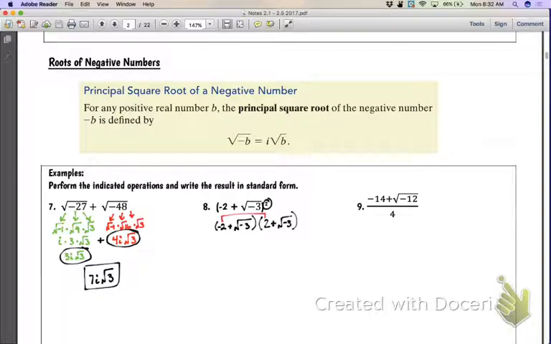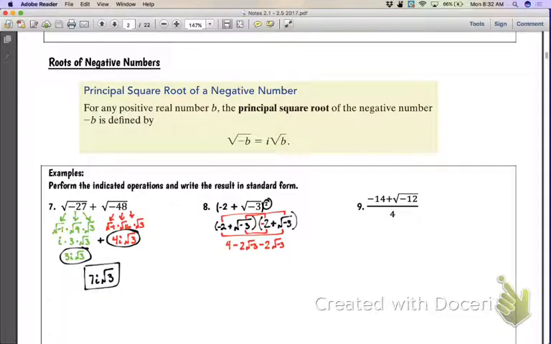Okay, I can multiply. Oh, that's a negative 2, my fault. So 4, that's going to be negative 2 times the square root of negative 3. Same thing, minus 2 times the square root of negative 3. And then what's going to happen? What's the square root of negative 3 times the square root of negative 3?